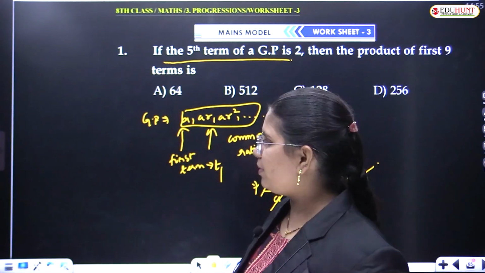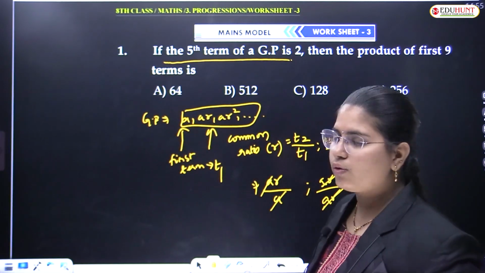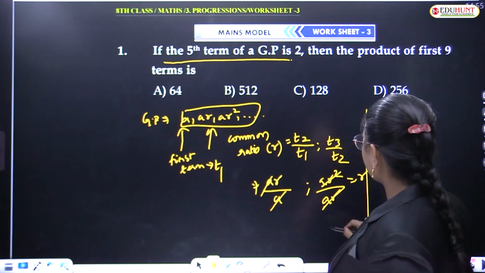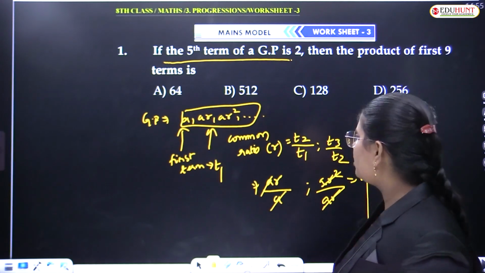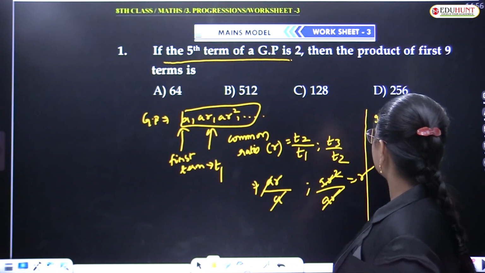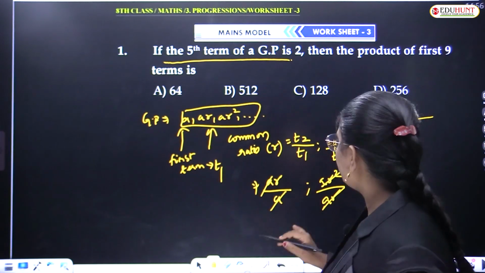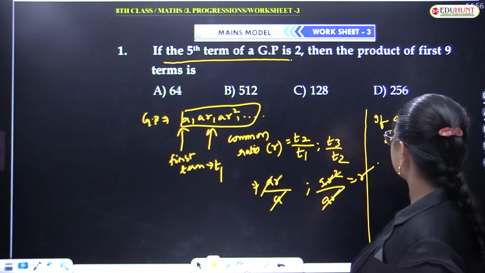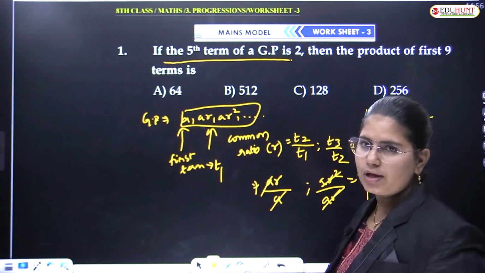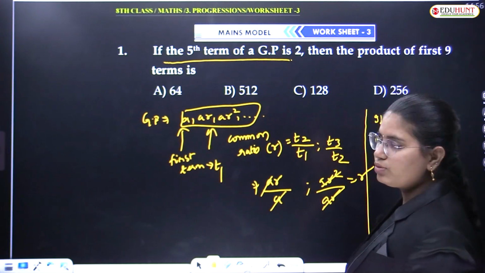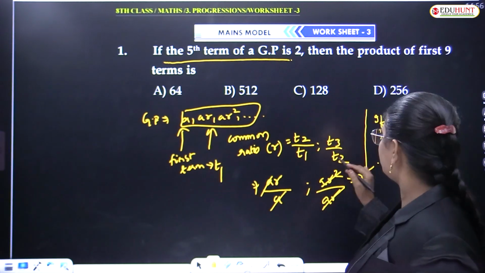If I want to give a best example, what type of examples can I give in a GP? If a is equal to, for example, 2, and let me take the r value also equal to 2. So what is the value of the first term?